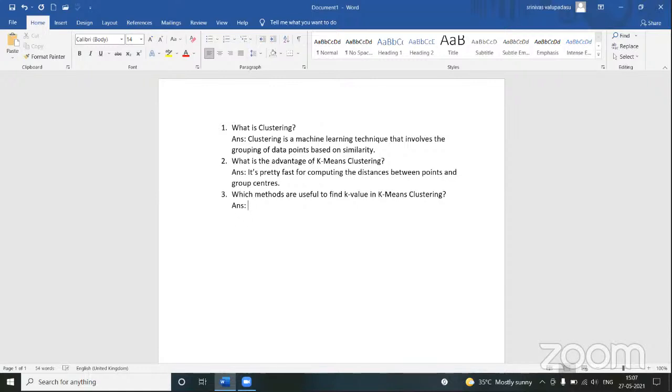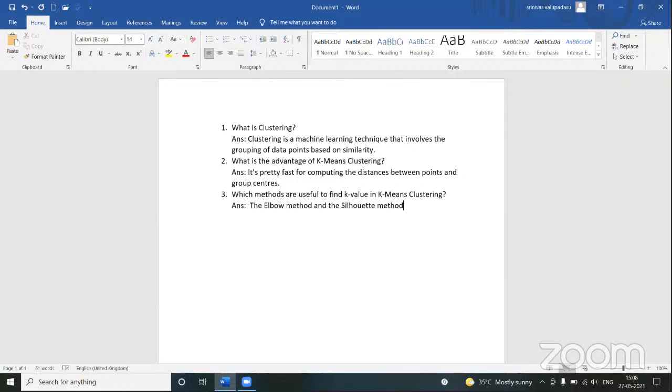We have two methods. First one is the elbow method, and another method is the silhouette method.